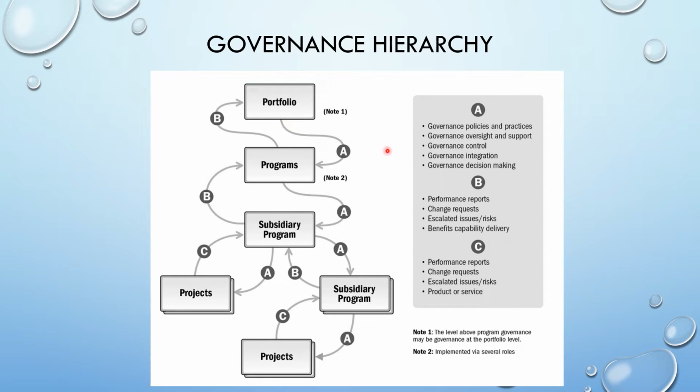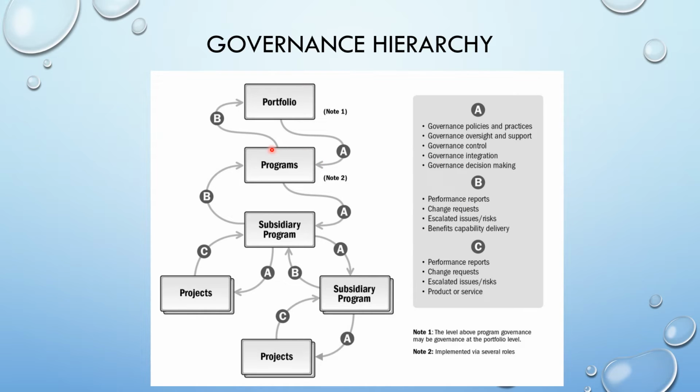The path A represents the governance policies and practices, governance oversight and support, governance control, governance integration and governance decision making, right? So from the upper level, all these activities are happening, portfolio to program, program to subsidiary programs, and subsidiary programs to projects. So this is how all these policies are transmitted, the controls and integration, decision making happening from top to down.